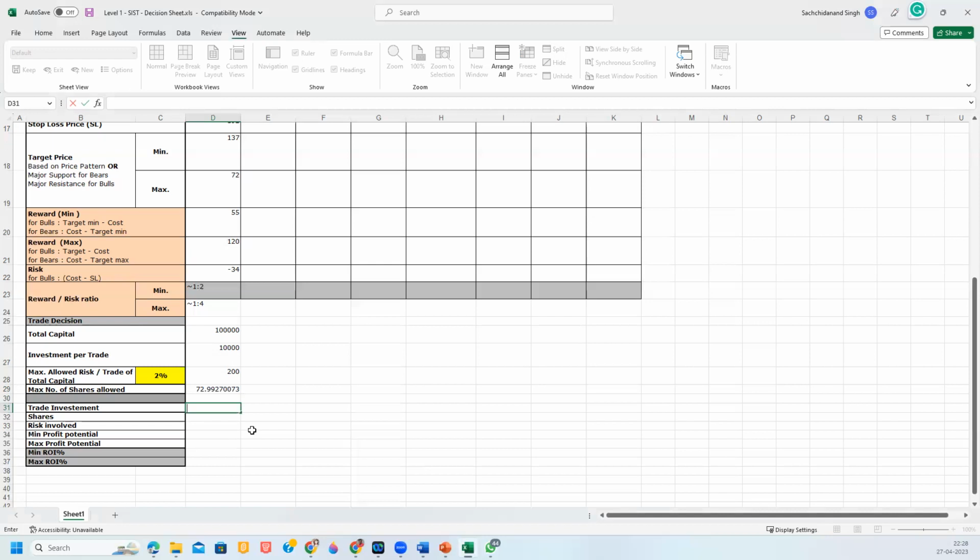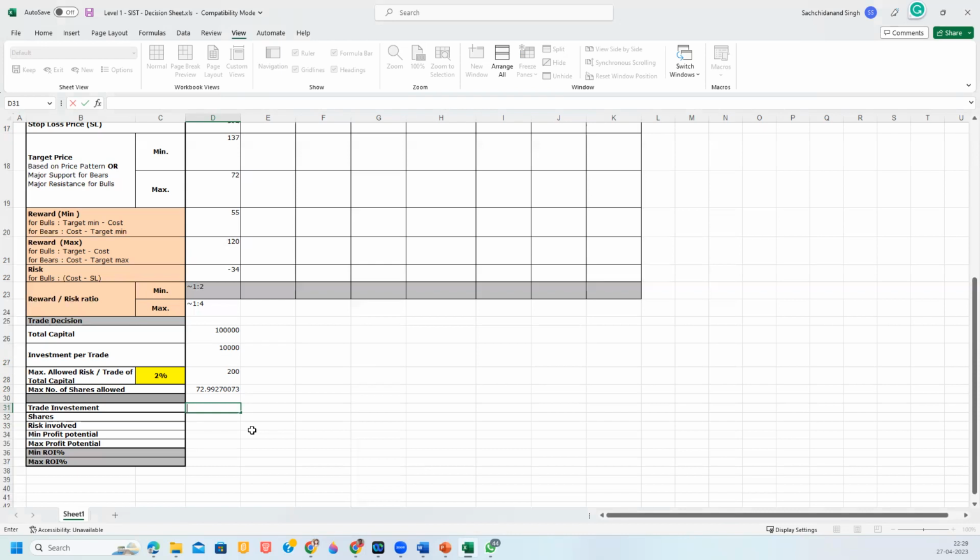The second is based on my money, how much maximum I can purchase. Sometimes it also happens that even by purchasing a lesser number of shares I can touch the risk percentage, so in that way I should be purchasing fewer shares. So whoever is conservative takes the conservative calculation.